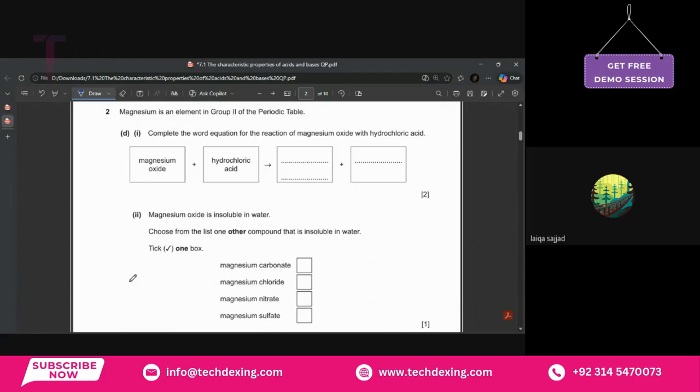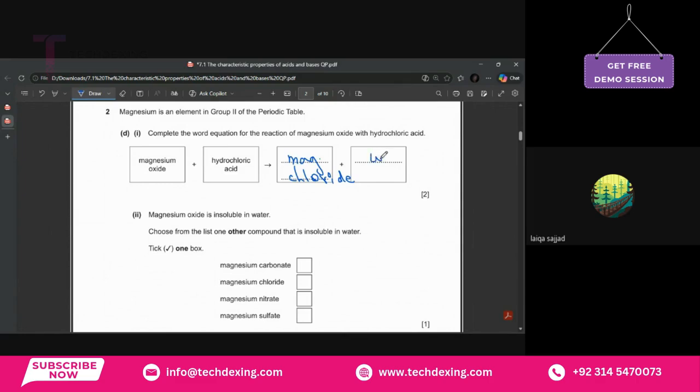Very good. You have to write the names. So it's magnesium chloride and water.